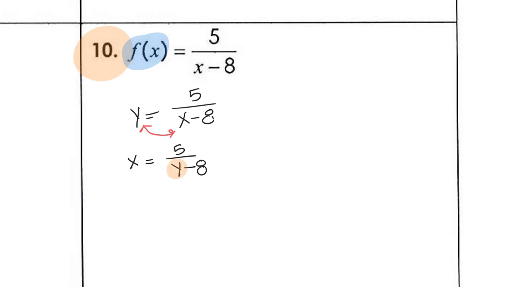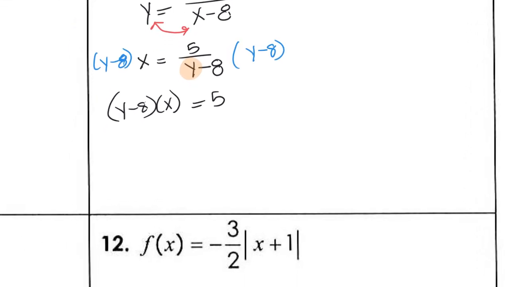I do have a fraction, so in order to get rid of my fraction, I would multiply by my denominator. And I've kept them separated so that I can divide by x. And now I have y by itself.